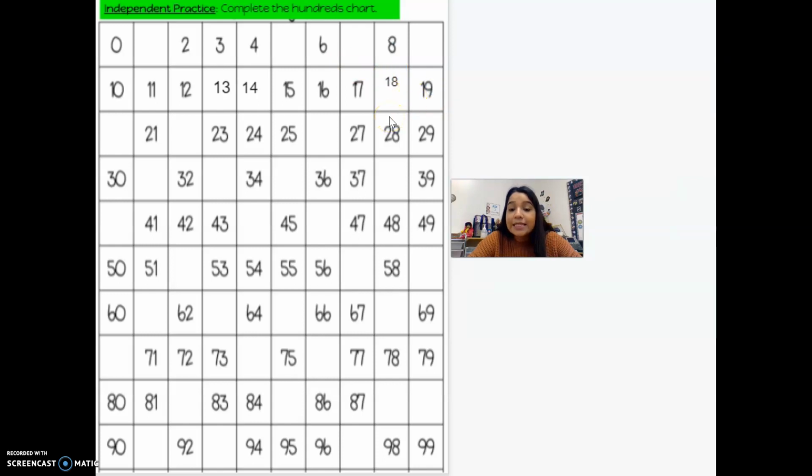Okay, 18. And then 19 comes right after 18. So this row is nice and complete. So y'all have to complete the squares that are missing numbers, the blank squares. You have to go ahead and fill in the numbers that are missing.